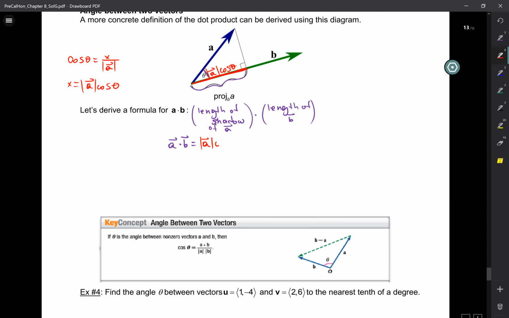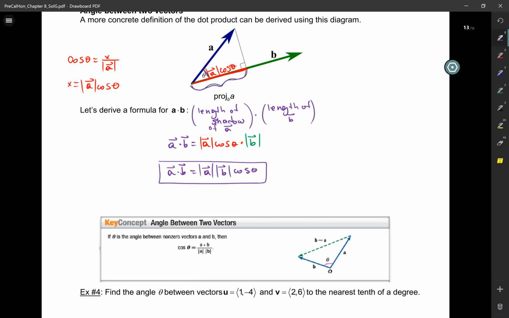So it's A cosine theta times the length of B. And now, just rearranging them, A dot B is equal to the length of A, the length of B, cosine of theta. Okay? So now, do we know what cosine of theta is?